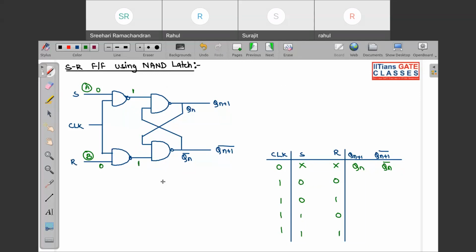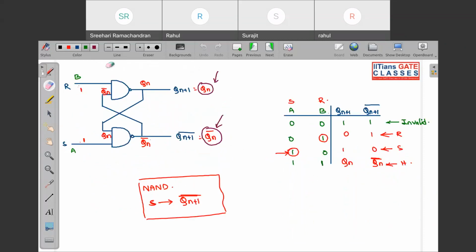So to a NAND latch, applying 1 1, we are still in your hold state, because in NAND latch applying 0 corresponds to applying input, so we haven't applied input yet. Okay, so this is also hold state. And if you are not able to understand, you can take help from here.